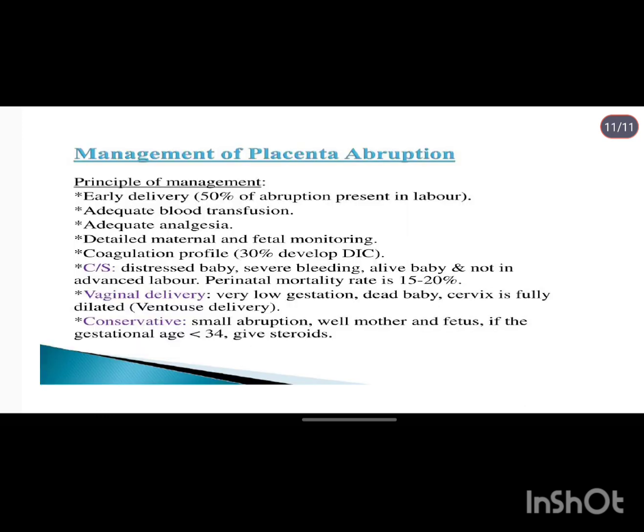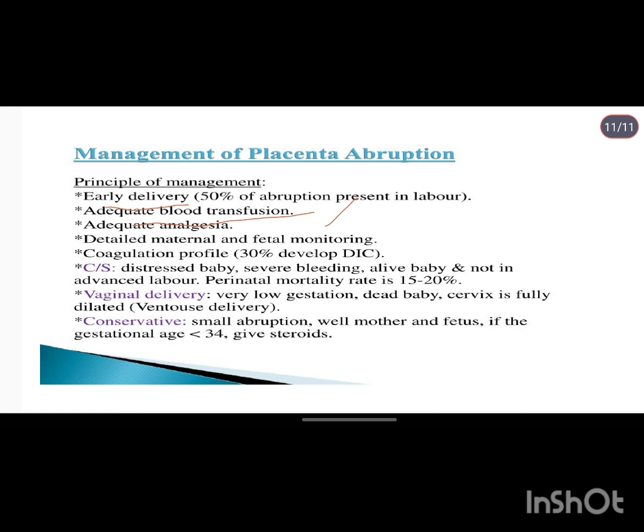Now we'll see the management of placental abruption. The management depends upon the type of abruption of placenta, whether it is partial, complete, or marginal. If the placental abruption has already occurred completely, then we can go for early delivery if the fetus is viable, along with adequate blood transfusion, and analgesia may be required for relief of pain.